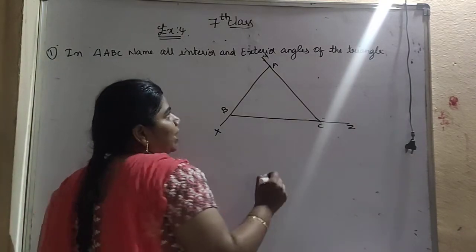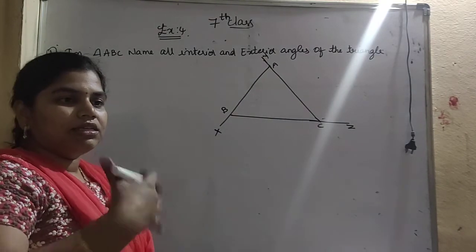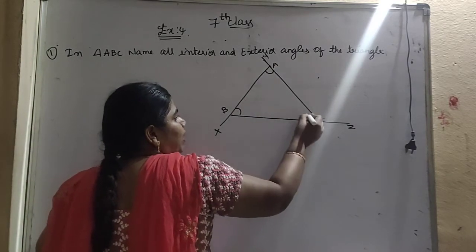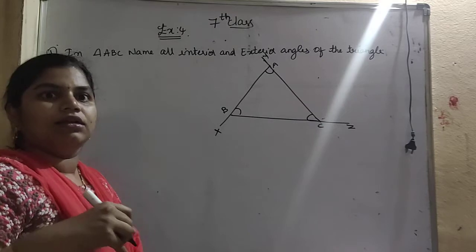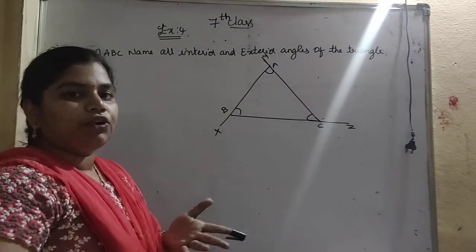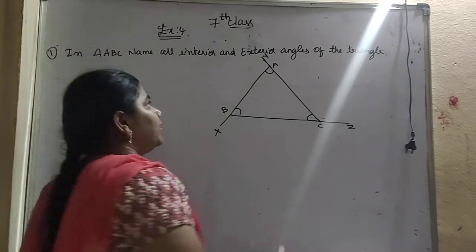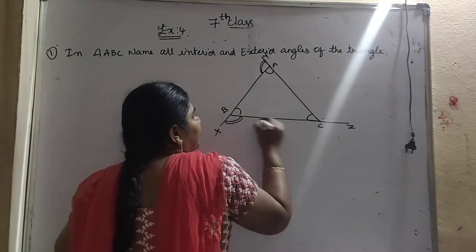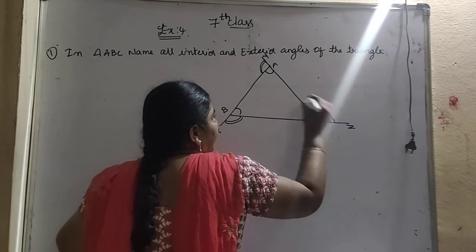So what are interior angles? Angles which are lying inside we will call interior. That is this part and this part. They are interior angles. And what are exterior angles? The angles which are lying outside of the triangle we will call exterior angles. So this is the exterior part. This is also an exterior part. And this is also an exterior part.